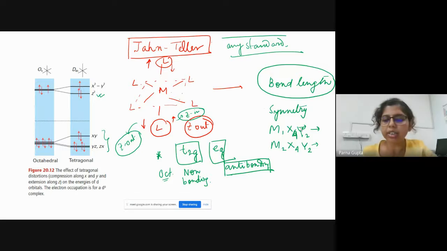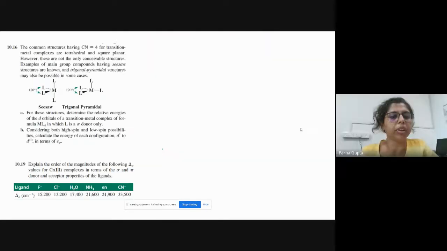So let us take an example. Let's see, I have kept it. Just look at it. Can you see these questions? Yes, ma'am. Okay, so look at this question, right? On the basis of molecular orbitals, explain why the Mn-O distance in MnO4 2- is longer than in MnO4 -. So here the system is tetrahedral.